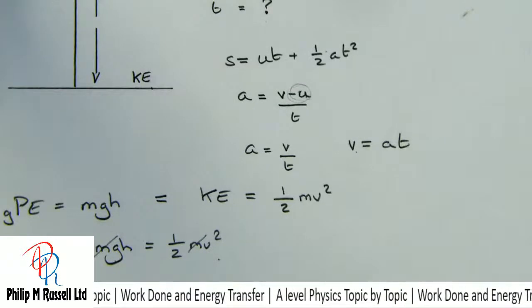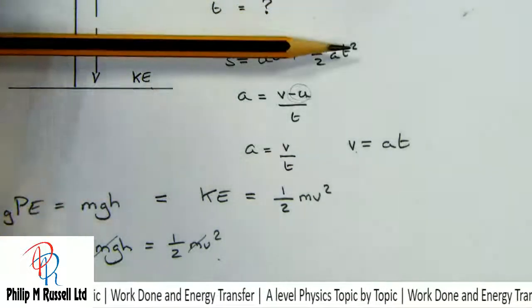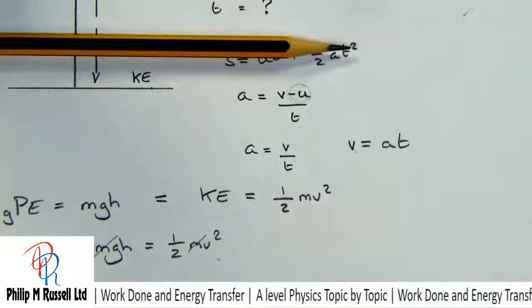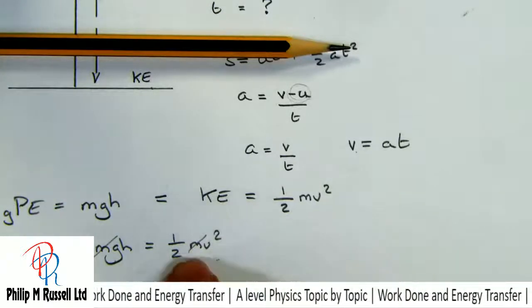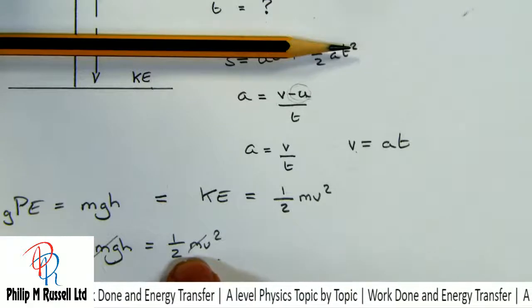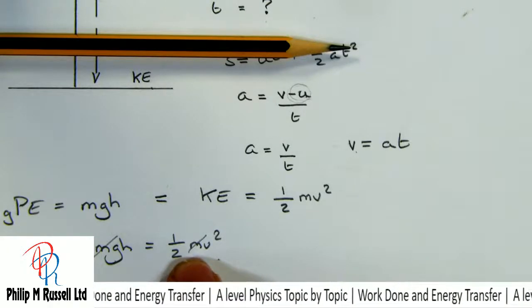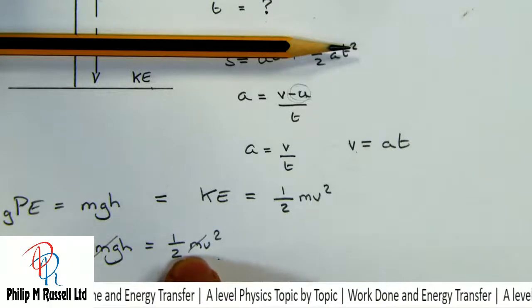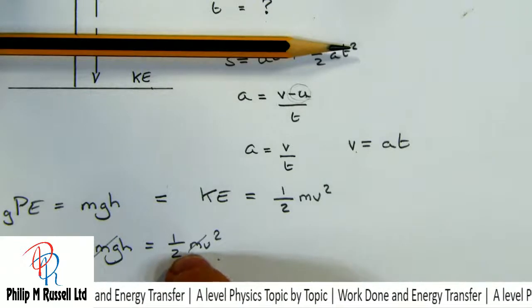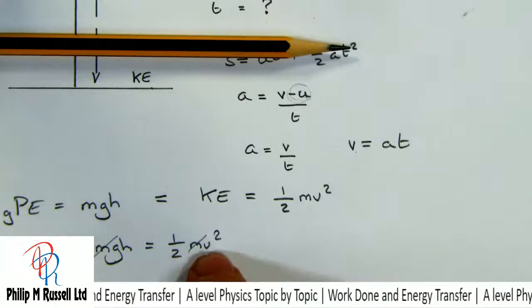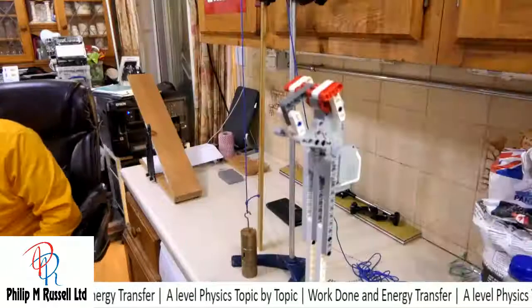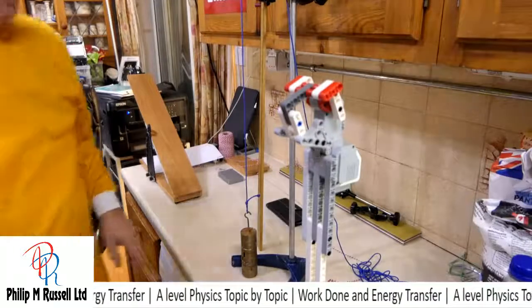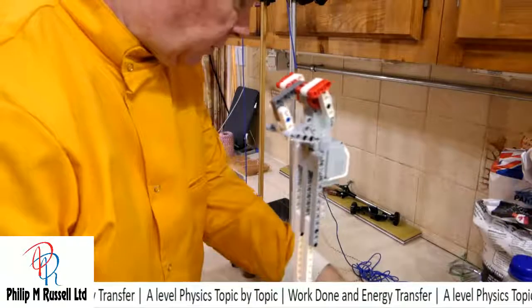What we're going to do initially is work out what our kinetic energy is, and we're going to work that out by recording the mass of the ball bearing, which we're going to do very approximately with a pair of scales, and we're going to work out its velocity as it falls. So I've got this basic setup.